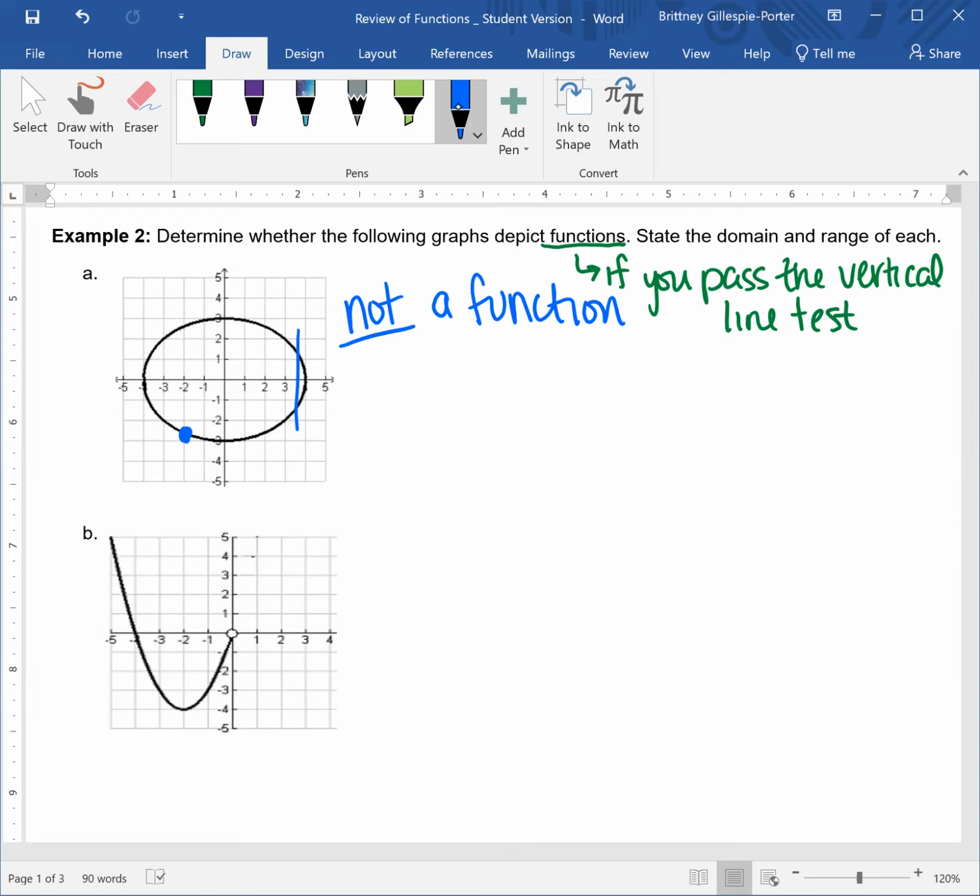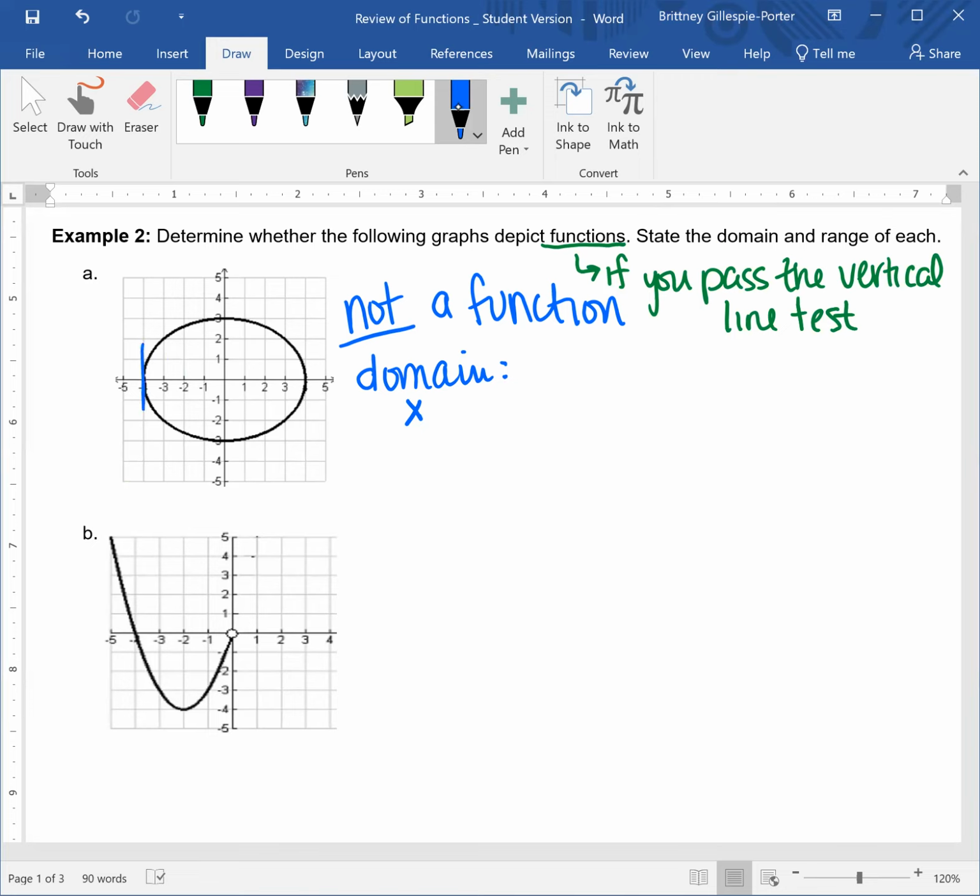But even though he's not a function, we can go back and still find the domain and range. We are going to use interval notation this time because we're not just given ordered pairs. We're given a graph, which means that we can hit all those little fractions and other stuff, like pi. Okay, so domain, remember domain is our x. We're going to look at our graph from left to right because we want smallest to largest.